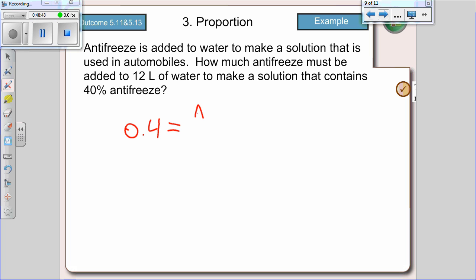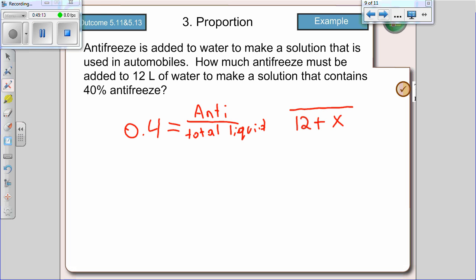The total amount of liquid was 12 plus however much antifreeze I added. How much antifreeze did I add? X, some amount. So we're going to set up, our concentration level needs to be 40%: antifreeze divided by total amount of liquid.